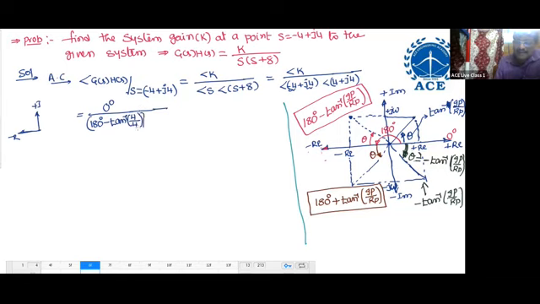You should not write the sign again, because of the sign only you got 180 minus. Don't write minus 4 again.